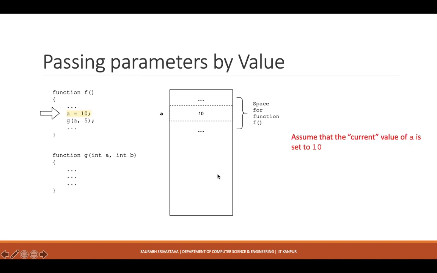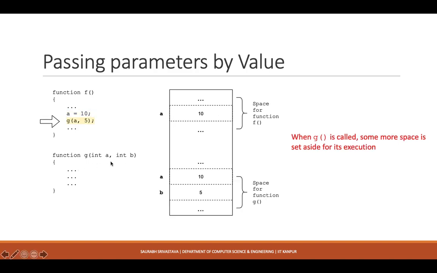Then at some point of time, you'll start changing the values of a, and the value that is there just before the function call is the one that will be passed to this function g. So essentially, when you make a call to g, some space is set aside in the memory for execution of g, and then two variables in g are created, like a and b.